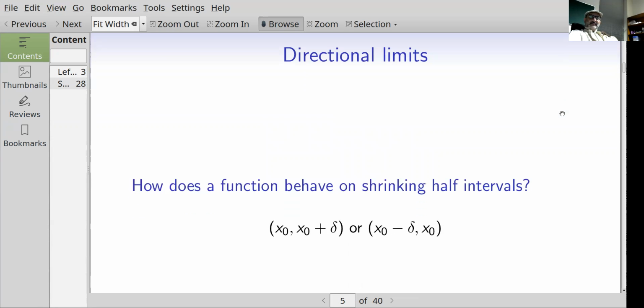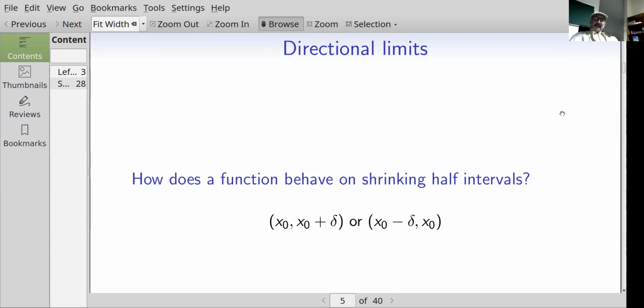Now, I might also have a reason to consider these intervals by themselves. And I might ask, okay, just on the interval x naught to x naught plus delta, or on the interval x naught minus delta to x naught, just on one of those intervals, what do the function values look like?